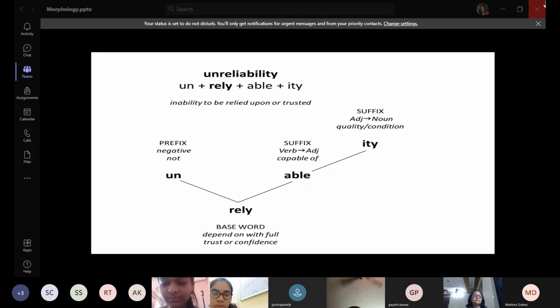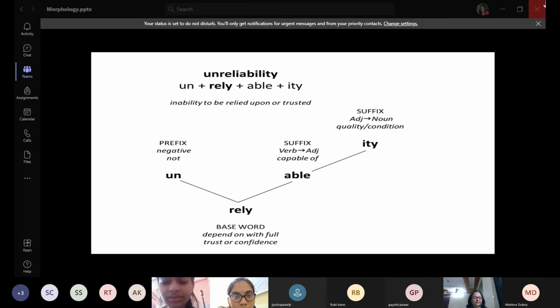Okay, this is predictable. Now this becomes an adjective. So able is a suffix, and when we add the suffix able to the free morpheme, its word class changes: from verb it becomes adjective. So it is a bound morpheme here.